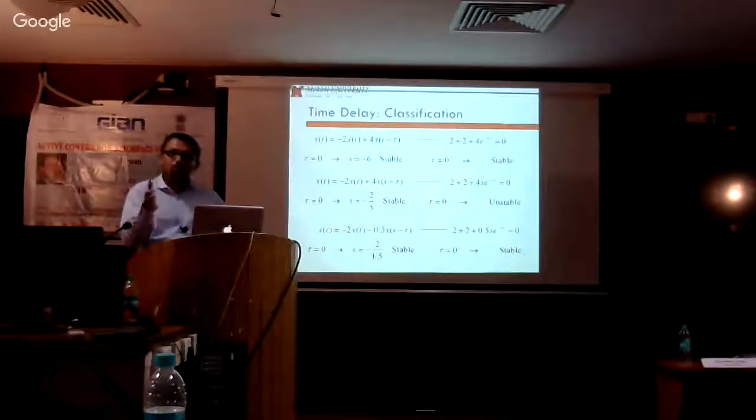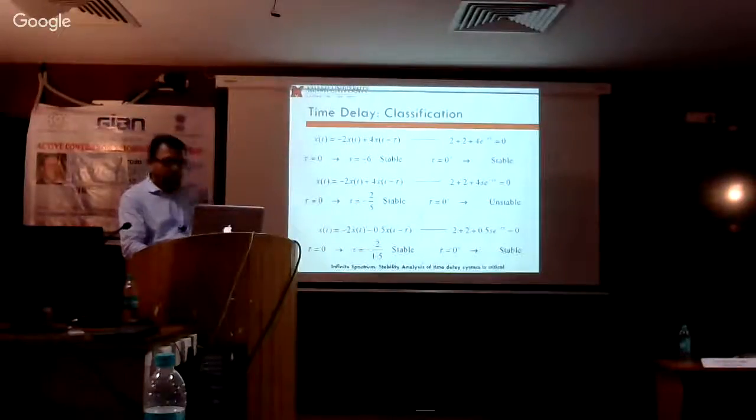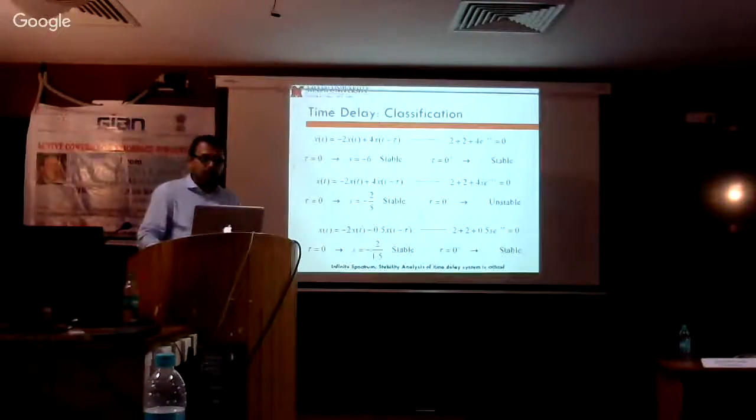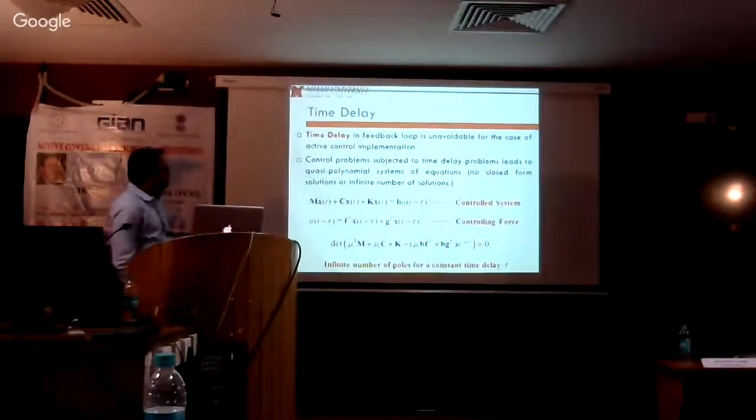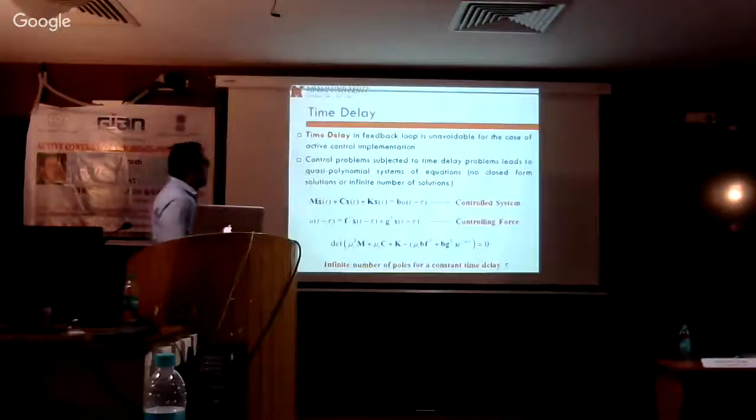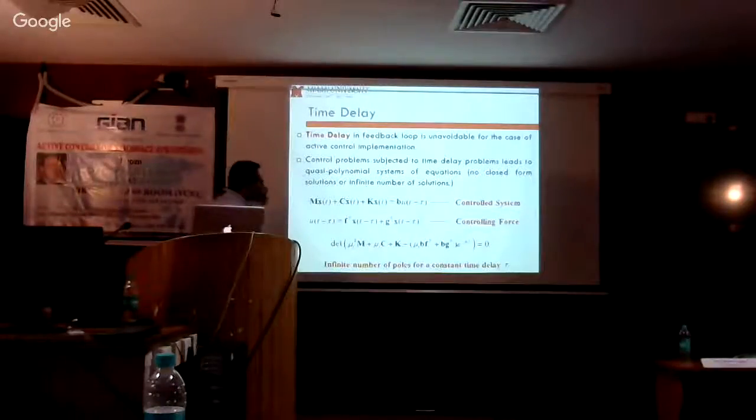Even if you solve a problem which involves delay, you must evaluate its stability because it has infinite number of eigenvalues. So time delay can be unavoidable for active control implementation, and it leads to sometimes quasi-polynomial or transcendental eigenvalue problem. Okay?